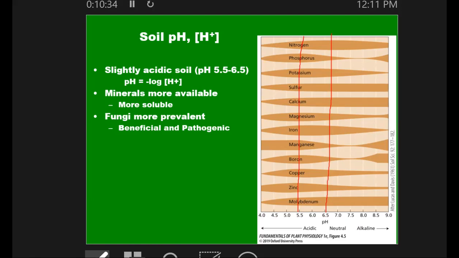Those are macronutrients. But you can see that there's more to this than just NPK. And so when you're growing plants, you need to be able to provide a habitat where they have access to these other minerals rather than just NPK. And so a good soil system with beneficial fungi and bacteria in there is a really good strategy.